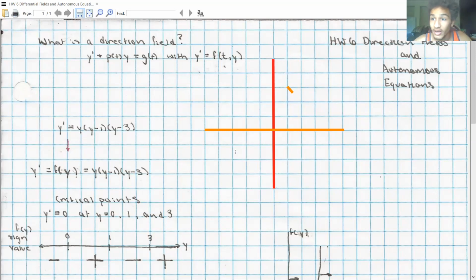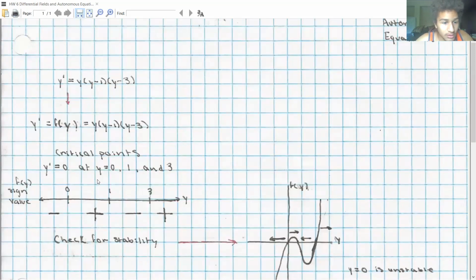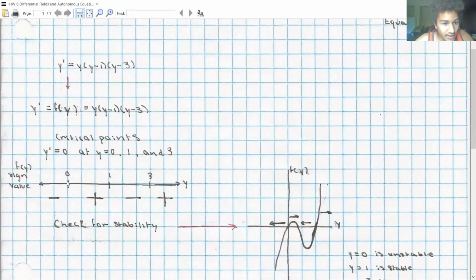Because it's crossing 0, we have some kind of sign change, going from a negative slope to a positive slope, or from a positive slope to a negative slope. So we can graph this with y equals 0, 1, and 3, and plug in values on each of these intervals to check the sign.